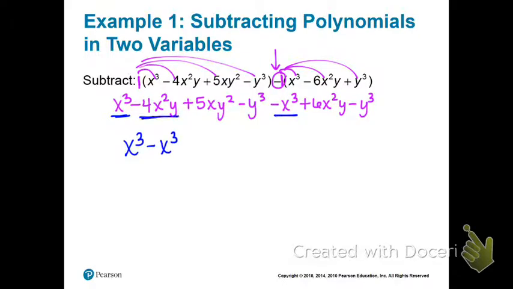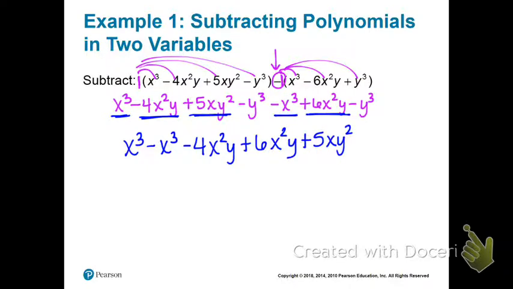I have a negative 4x squared y. So do I have any other x squared y's? I do. I have a positive 6x squared y. Then we have a positive 5xy squared. Do we have any other xy squareds? We don't. So I've got negative y cubed. And I have another negative y cubed.